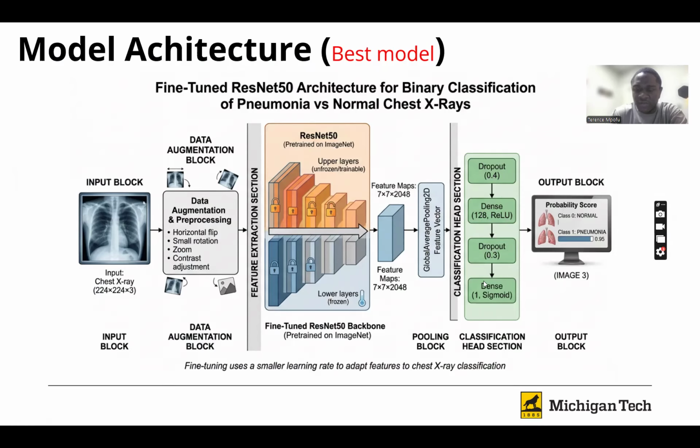Then we have our final layer with 1 neuron and a sigmoid activation. This is the output of the block. It classifies our image as either normal or having pneumonia.